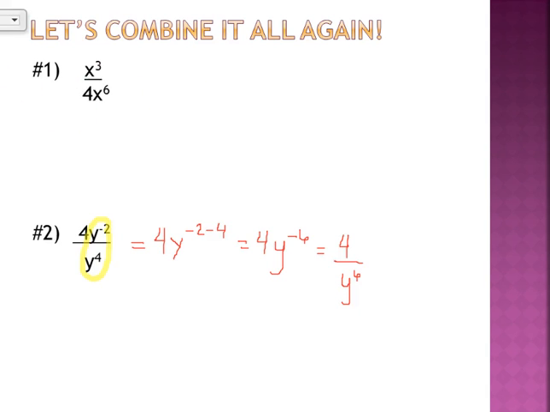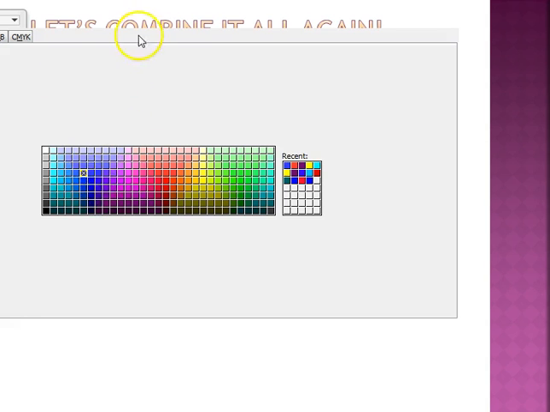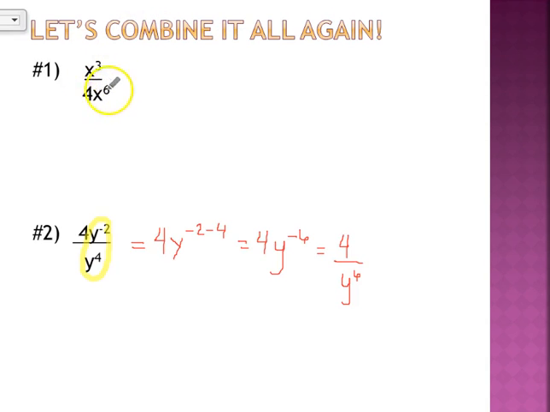So let's look at the problem on the top. Again, we've got some division going on. We've got the x to the 3rd divided by x to the 6th. So that's going to become x to the 3 minus 6. 3 minus 6 is negative 3, and then that 4 is going to stay on the bottom.